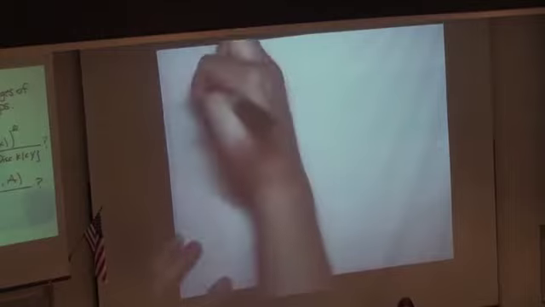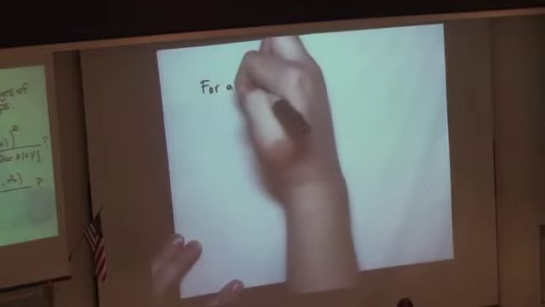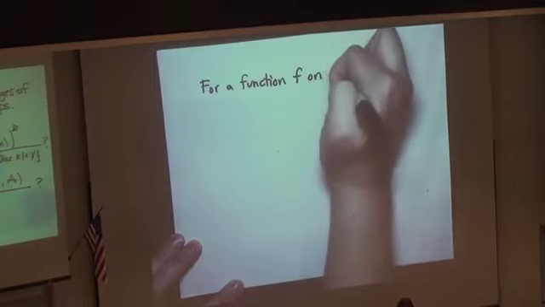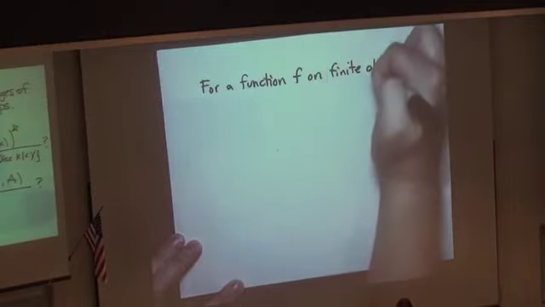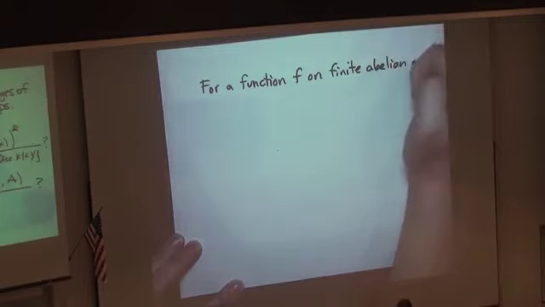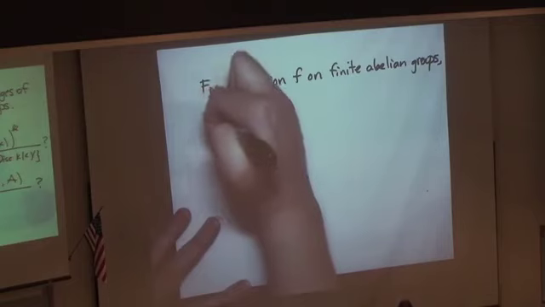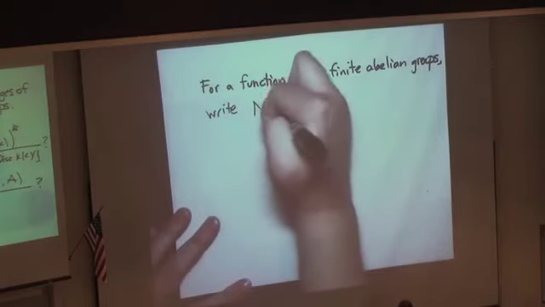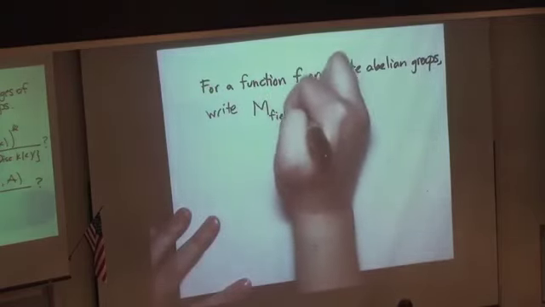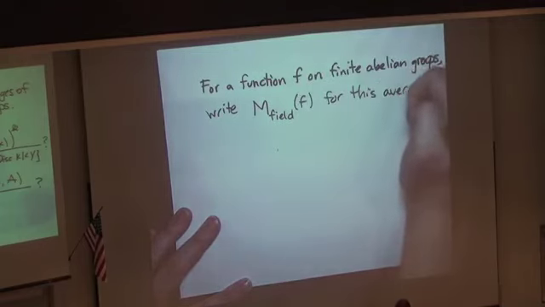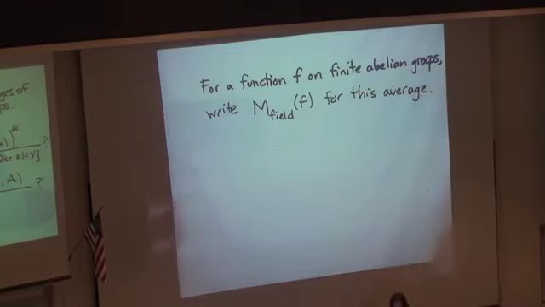So for a function f on finite abelian groups, I'll write the average of f, which is a limit which is not even clear that it exists.